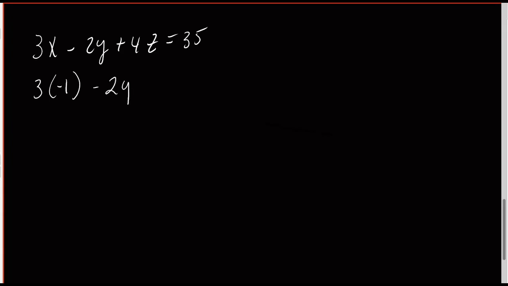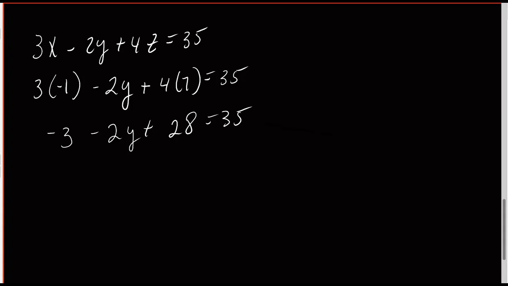We do not know what y is yet, so minus 2y plus 4 times z, which is 7, equals 35. So that gives me a minus 3 minus 2y plus 28 equals 35. Combining like terms, I have minus 2y on this side. 28 minus 3 gives me 25, and 35 minus 25 gives me 10 on this side. So y is going to equal negative 5.